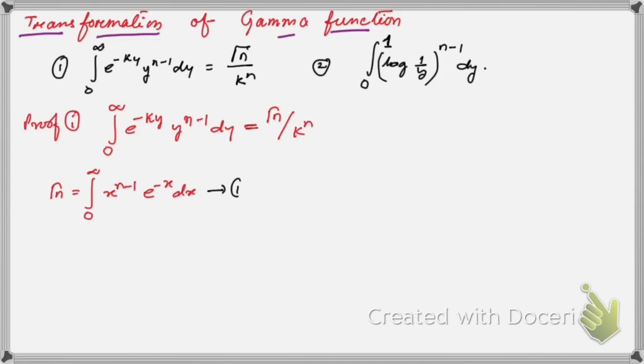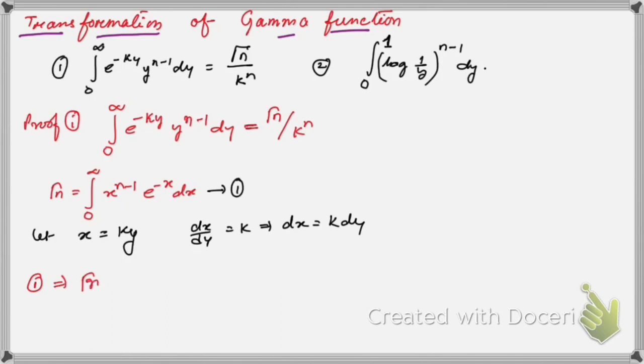Now let me replace this x by ky, that is, x is equal to ky. If you differentiate both sides with respect to y, you're going to have dx/dy is equal to k, which implies dx is equal to k dy, right?